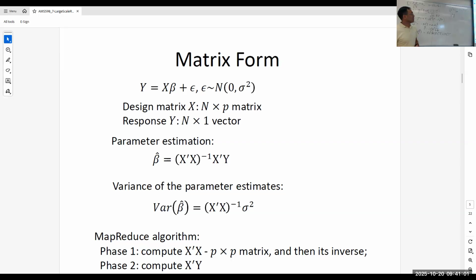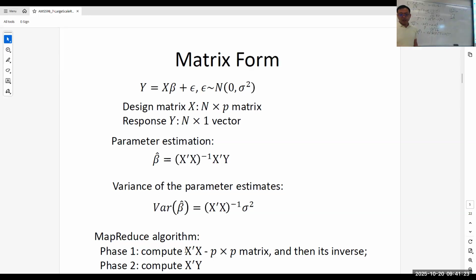The heavy lifting computation would be this guy and this guy, because if n is in the millions, you may not be able to hold X in one computer.